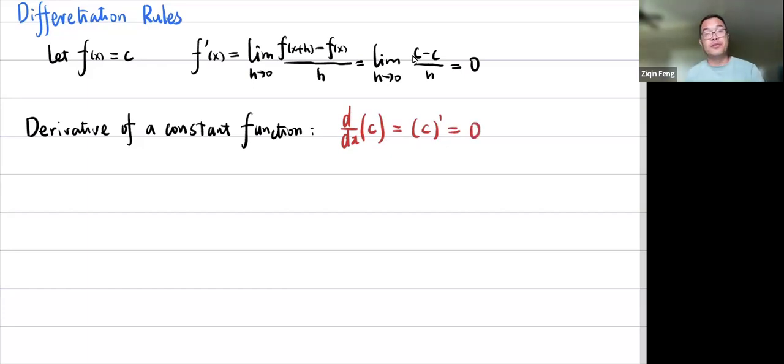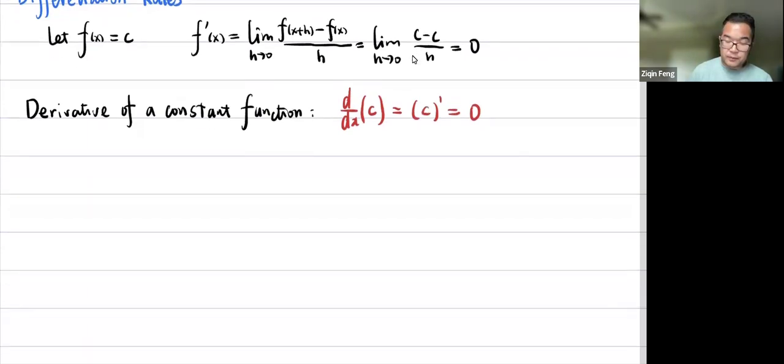So whenever you differentiate a constant, the derivative is always 0.